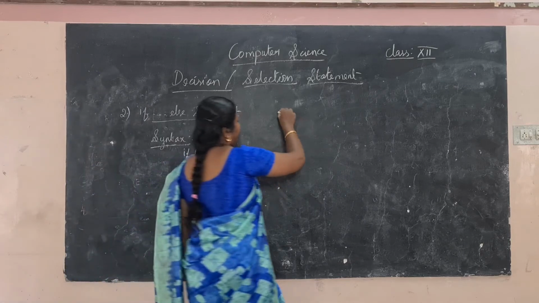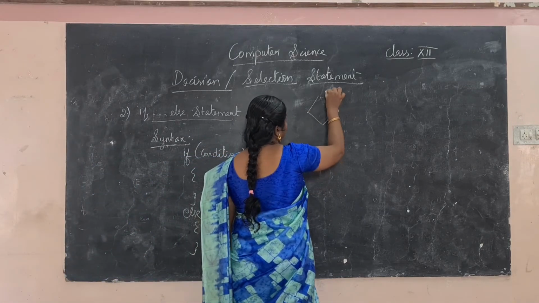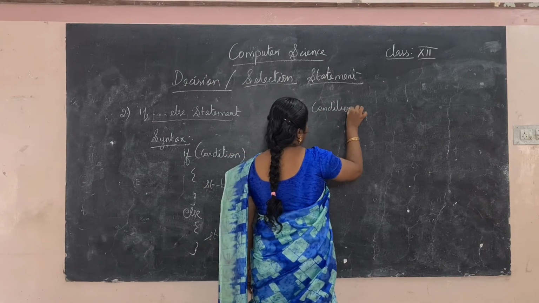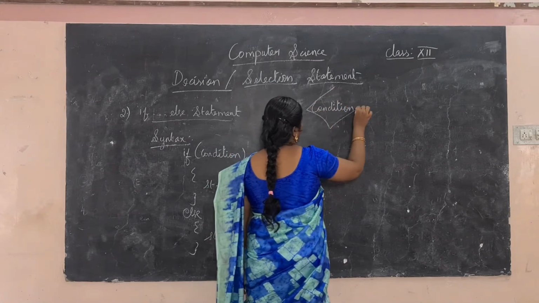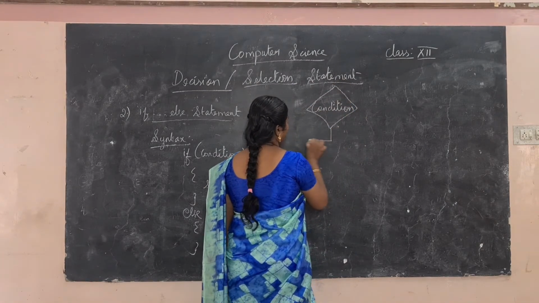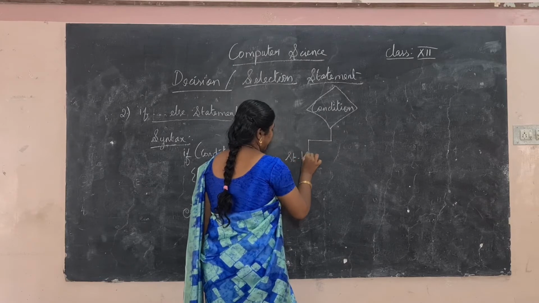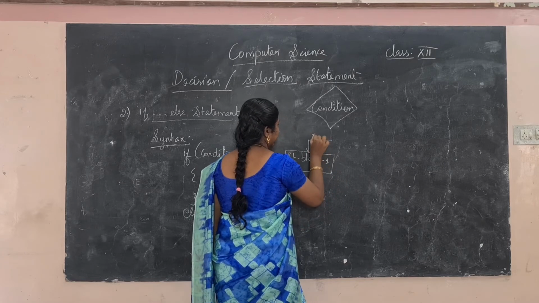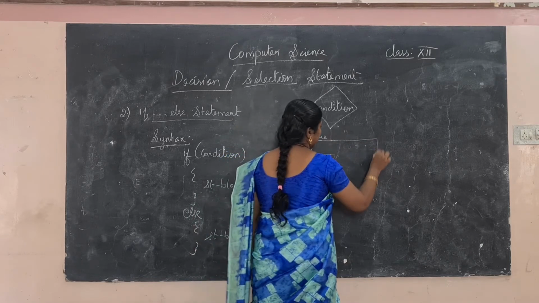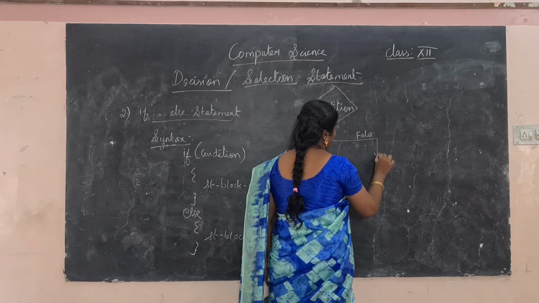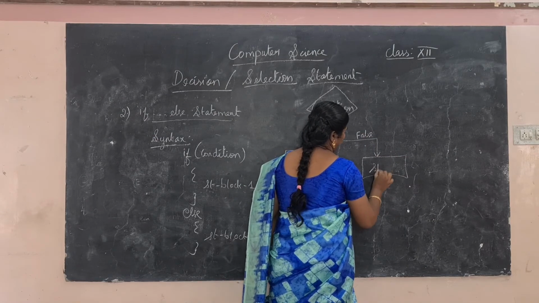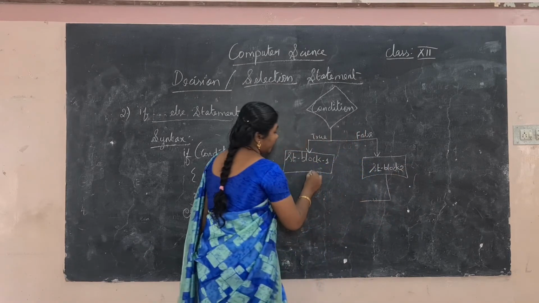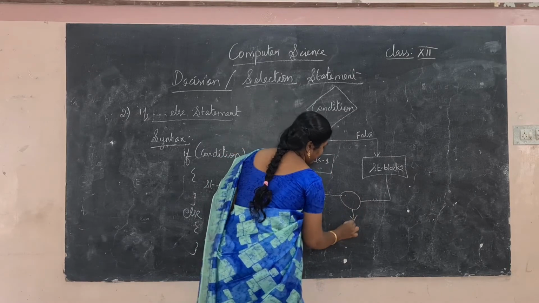Okay. So in a flowchart, how we will represent this is: condition. If it is true, statement block 1, the statements inside here will be executed, and if it is false, the statement block 2 will get executed, right?